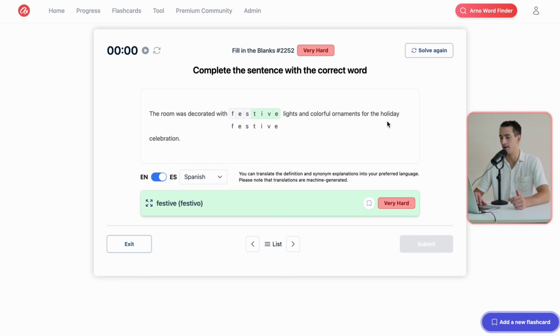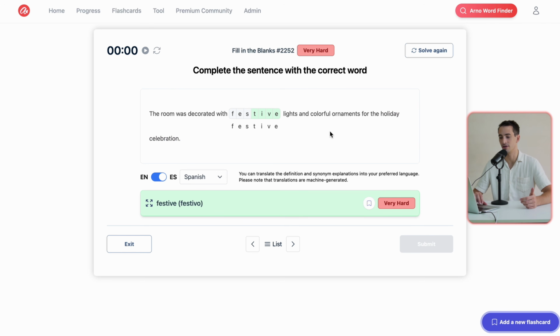So the key clues here for festive would be holiday celebration. It's saying the room was decorated with lights and colorful ornaments, and the decorations were there because of a holiday celebration. So festival is a very similar word to celebration.